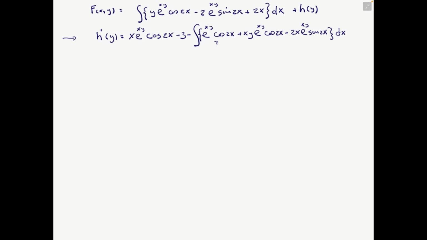And we can take advantage of some knowledge from the top to the bottom. I think I did this one first, and I looked at each piece separately. e to the xy cos 2x dx.